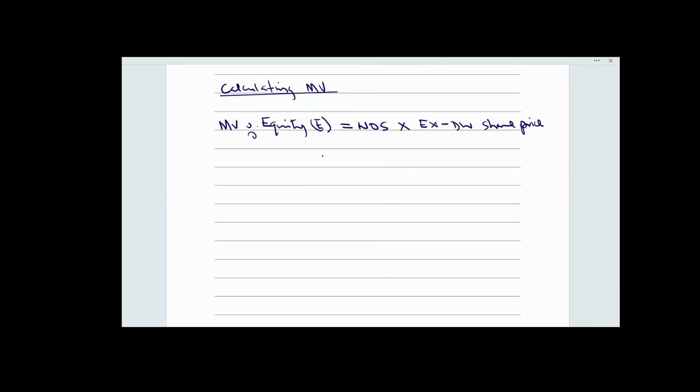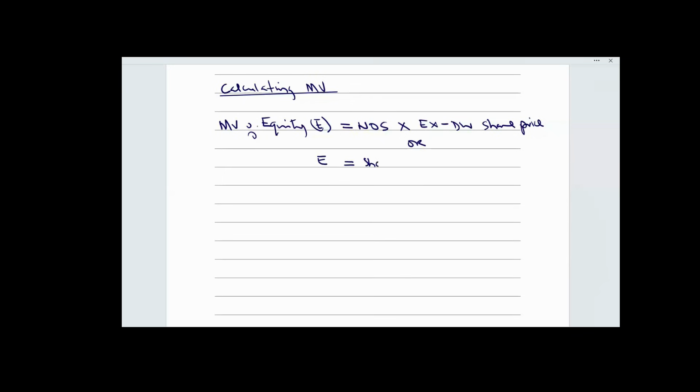Or you can say, because at times the examiner may not give you the number of shares, if you are not given the number of shares, then you can use share capital to get your number of shares.